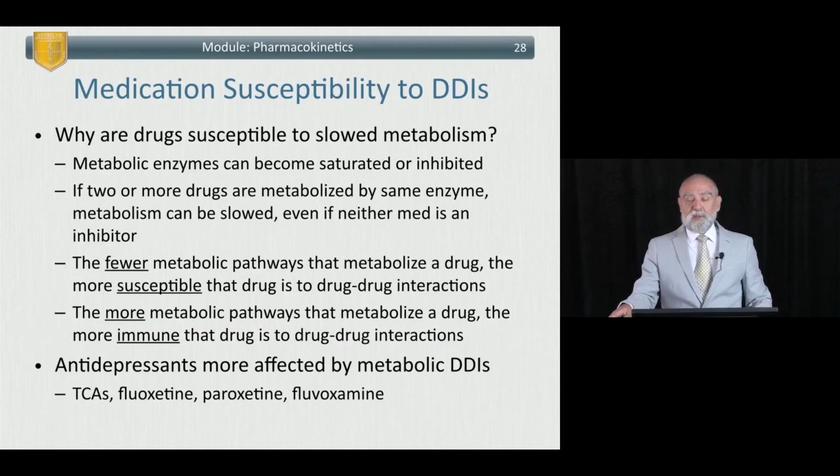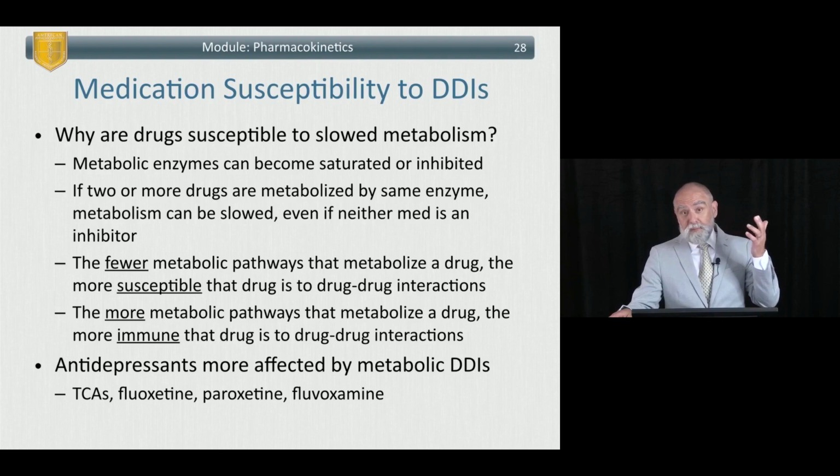Now, why are drugs susceptible to slowed metabolism, and which ones are they? Well, metabolic enzymes can become saturated or inhibited. If two or more drugs are metabolized by the same enzyme, metabolism can be slowed, even if neither drug is an inhibitor. Now, the fewer metabolic pathways that metabolize a drug, the more susceptible that drug is to drug-drug interactions.